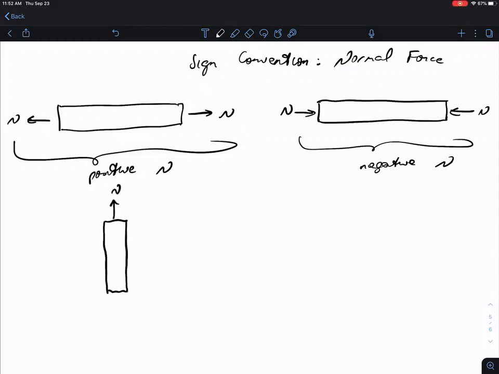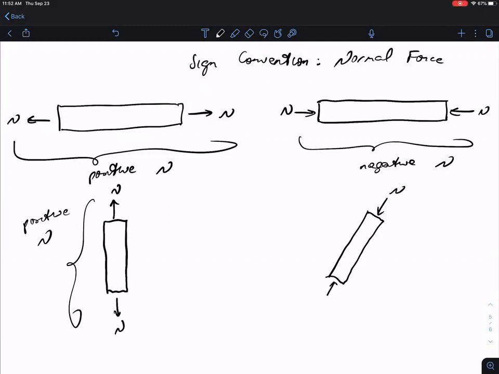So for example, here we have an element that's oriented vertically, but the normal force produces tension on the segment, so we would still consider this a positive normal force. Similarly, you can have a case where the element is oriented at a diagonal. And in this particular case, the normal force produces compression on the segment. Therefore, we would say this is a negative normal force.